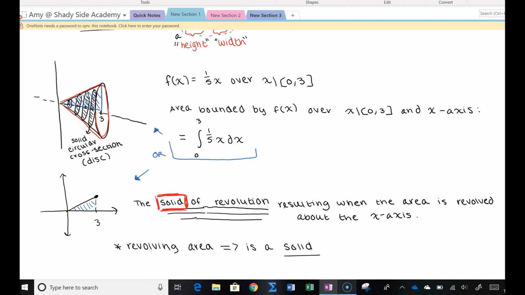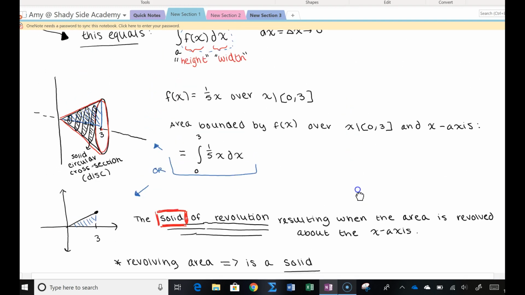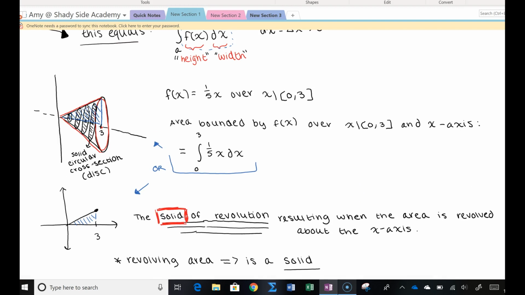Okay? And let's add this observation. The volume of the cone, here's where you have to get a little bit abstract, could be thought of as the summation of how many circular cross-sections are in here, everyone? Infinite.